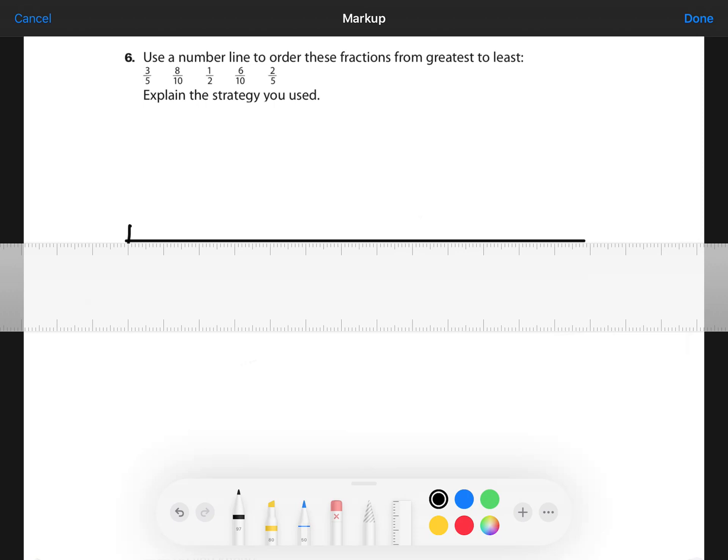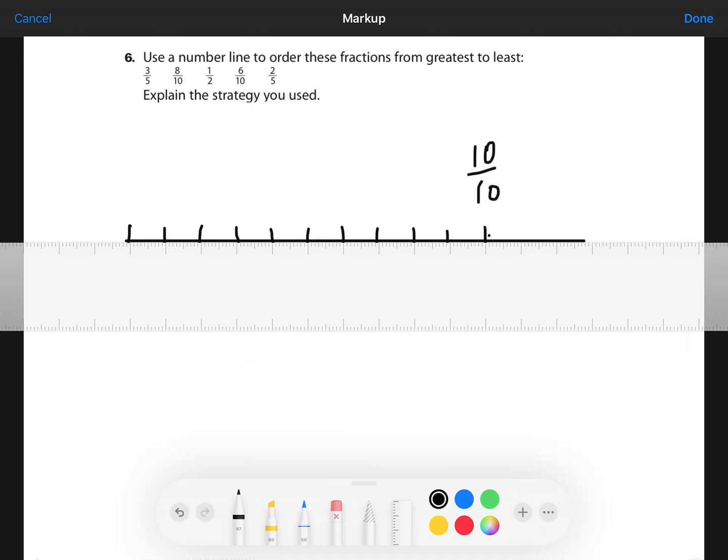Okay, so if I was to consider each of these sections tenths, I could mark those off. 1, 2, 3, 4, 5, 6, 7, 8, 9, 10. Actually, for that, I don't need to start with fifths.